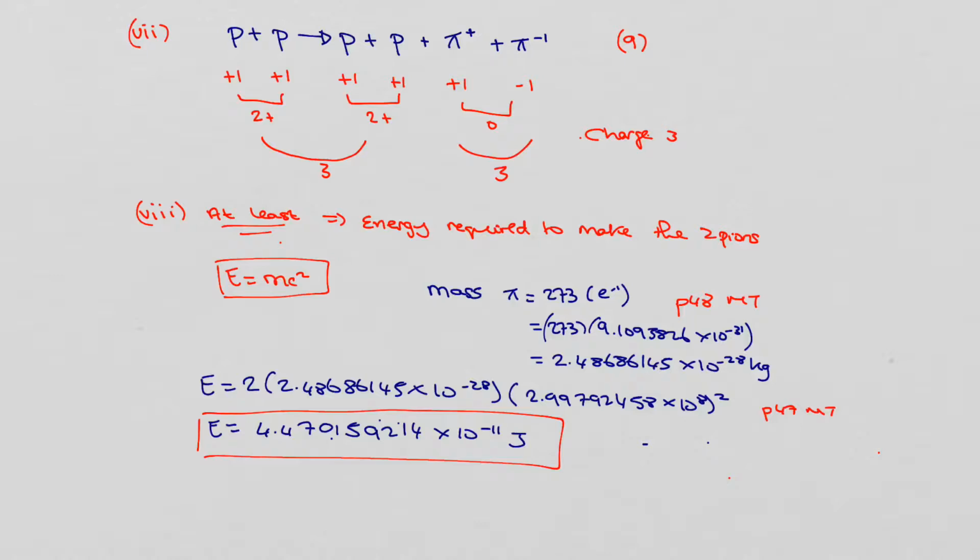Okay, so how are we going to use this? Well, if this is the energy needed to make the pions, basically this is the energy of the 2 colliding protons up here in this equation. So their energy is going to be used to make those 2 pions. So we need to first of all change that into electron volts.